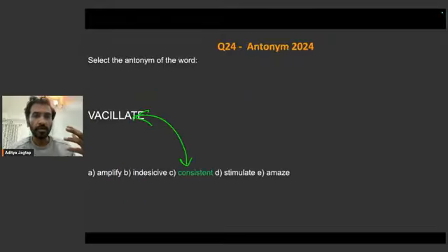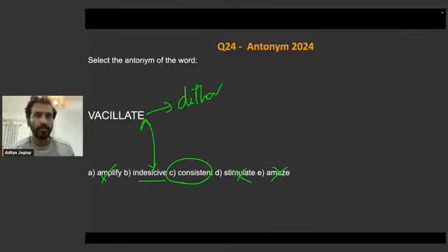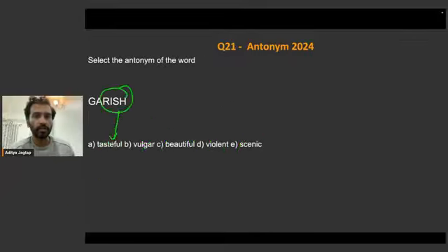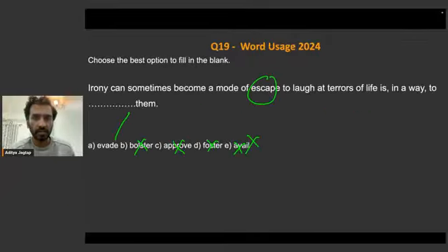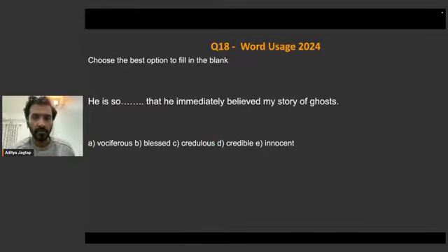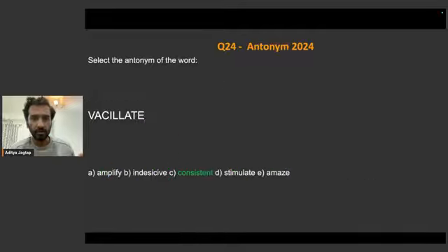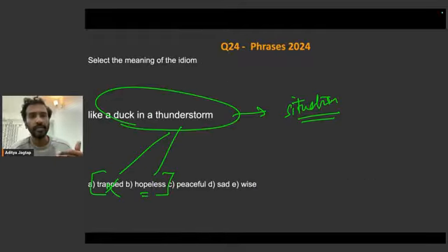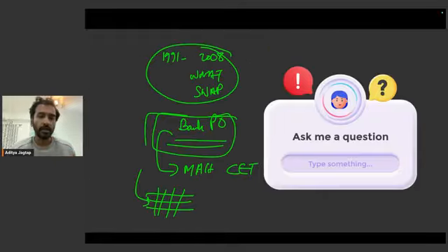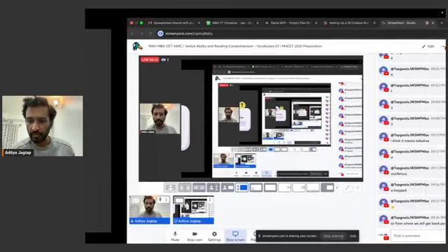If you are really running short of time, pay some attention to the antonym question. In the synonym question, mark anything, because there is no negative marking as such. Even not marking anything is going through some information, and you may not have time for that also. So practice a lot. Speed is going to be an important criterion. I'll see you all in the next class, and we'll discuss a few more aspects.